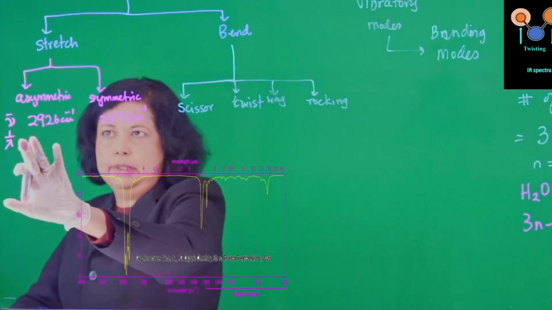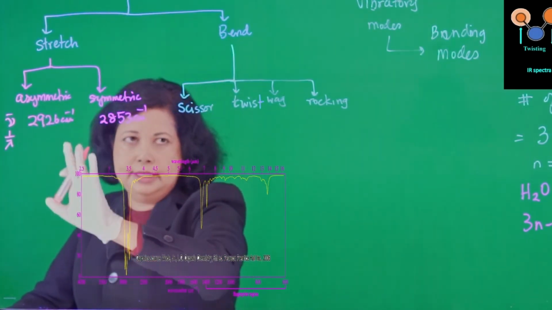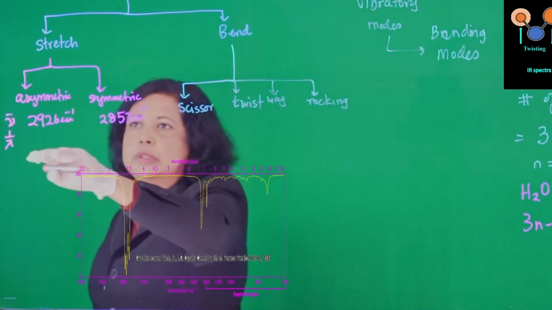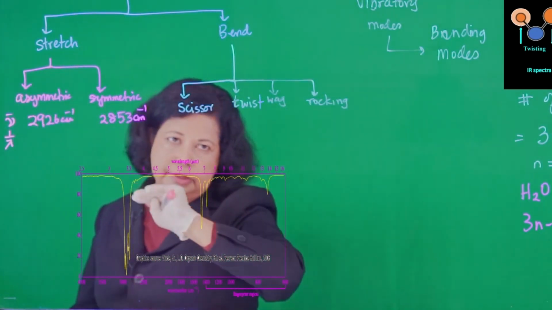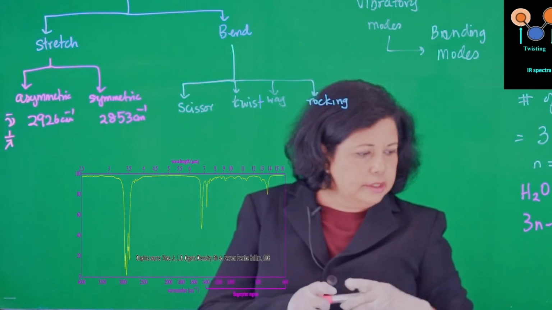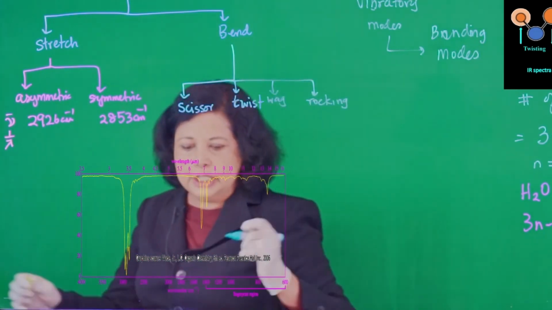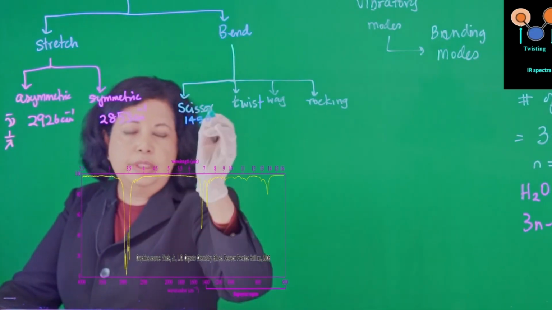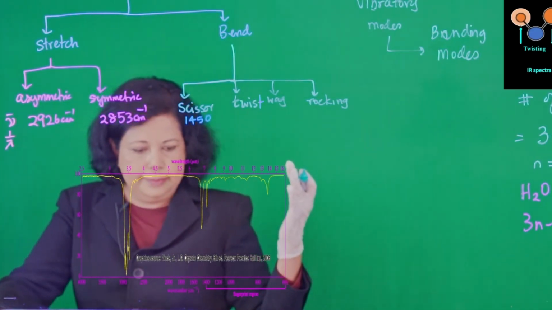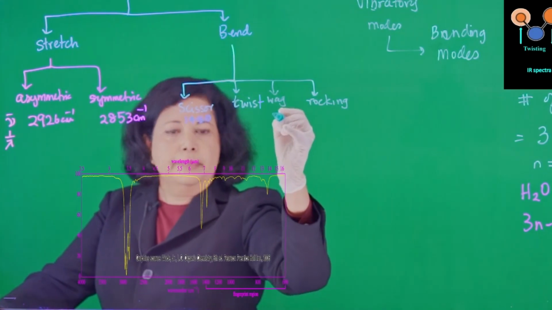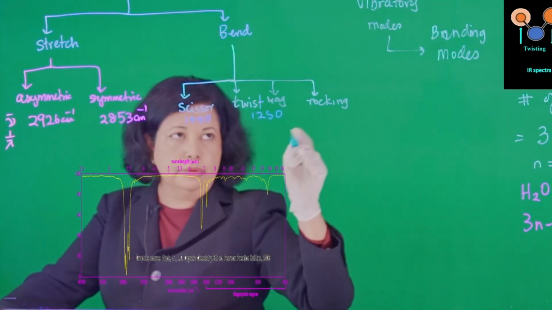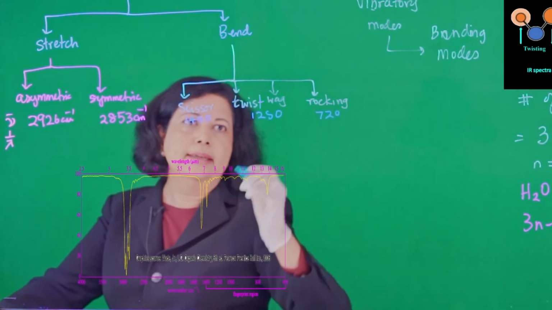Not frequency, because frequency is c over lambda. But you can see when the frequency goes up, the wave number also goes up. For your scissoring vibrations for the CH, this is 1450, and you typically see a peak there. The twist and wag are also around 1250, and the rock is around 720.